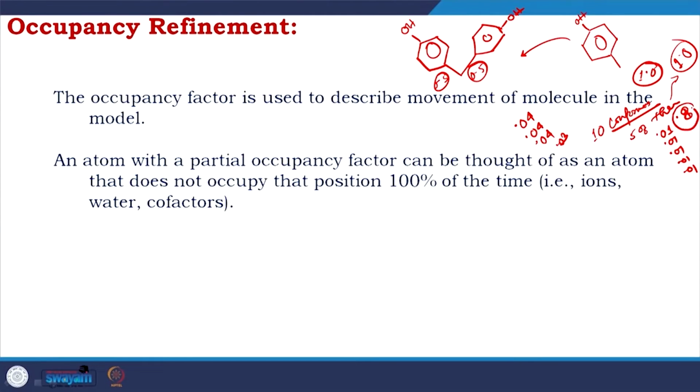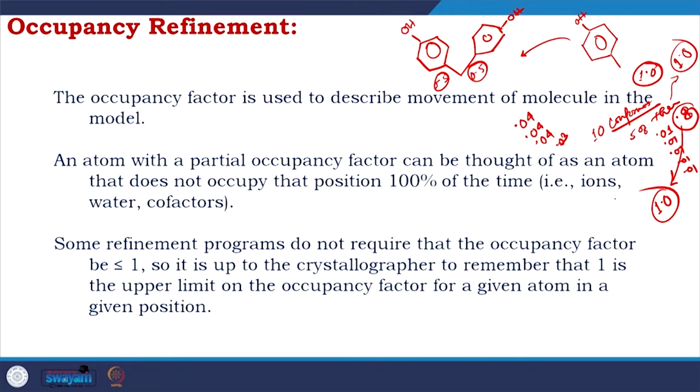But the general trend of the software is to show one conformation as a 100% contributor. I would not say it is a mistake, it is a limitation of the X-ray crystallography process.